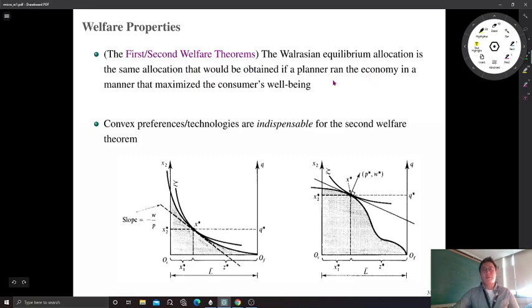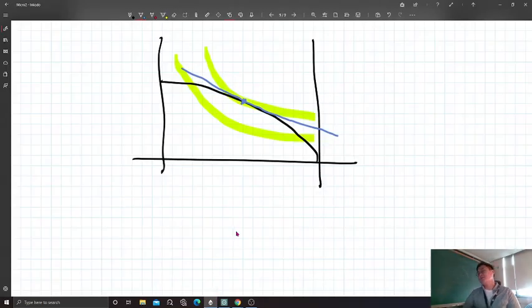One more thing you can observe is that the Walrasian equilibrium allocation is the same allocation that would be obtained if a planner ran the economy in a manner that maximized the consumer's well-being. Okay? If we think about this point, suppose that this economy is run by a planner.